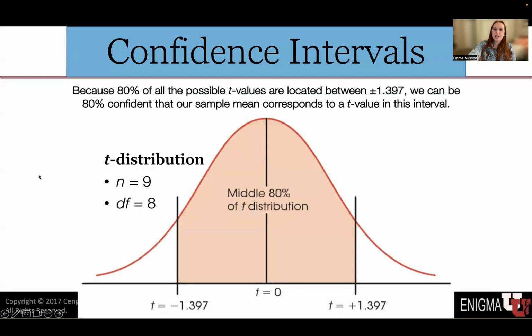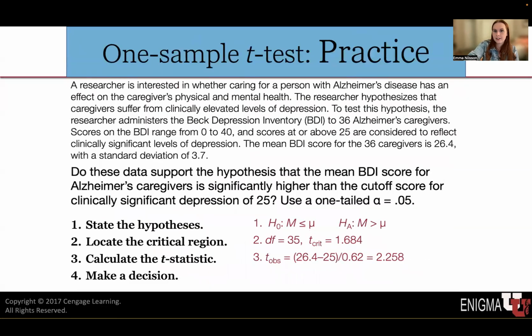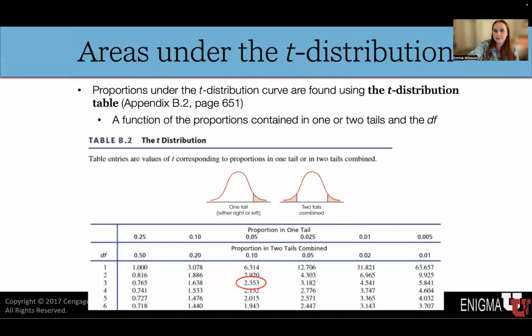This is kind of a visual representation of what this confidence interval looks like. This is our t distribution, right? We're going to take all the possible t values from our sample in our population. And we're going to use that two-tailed t critical values table, this one. This one right here.